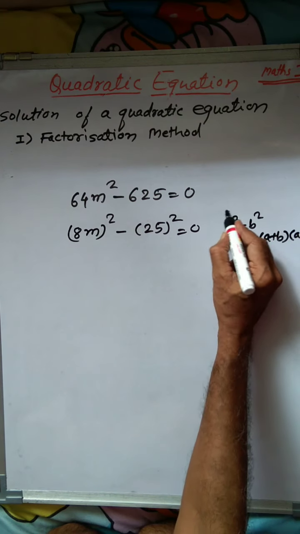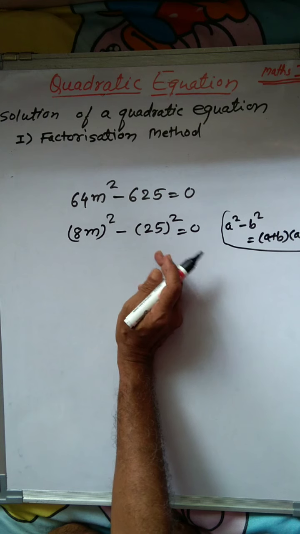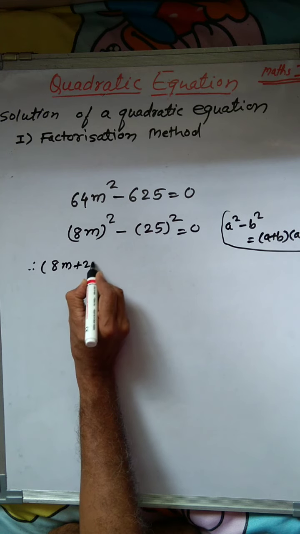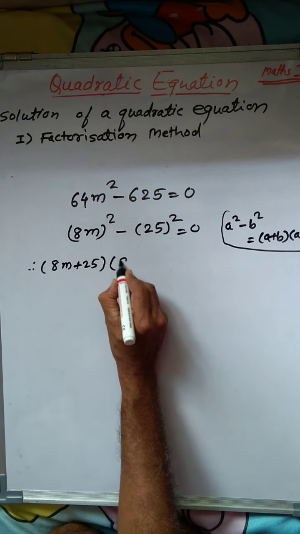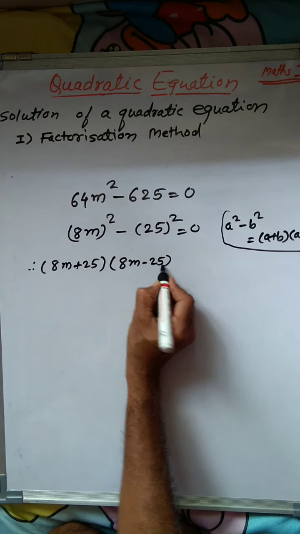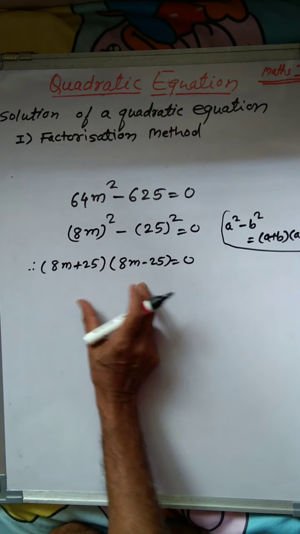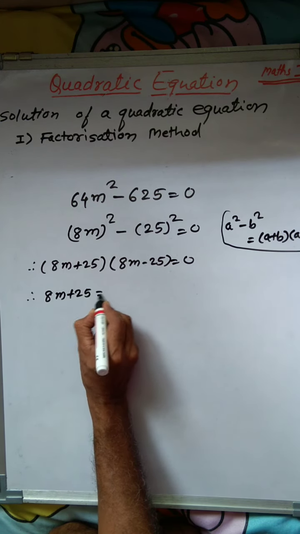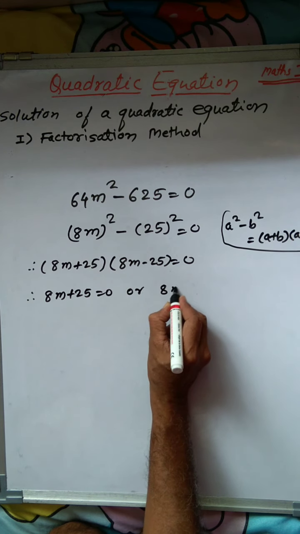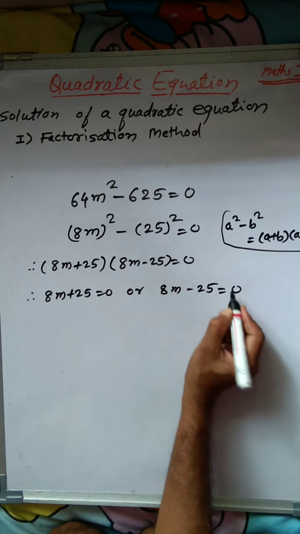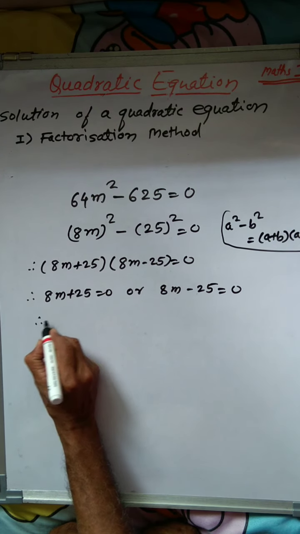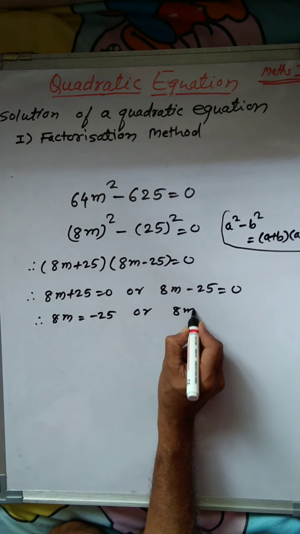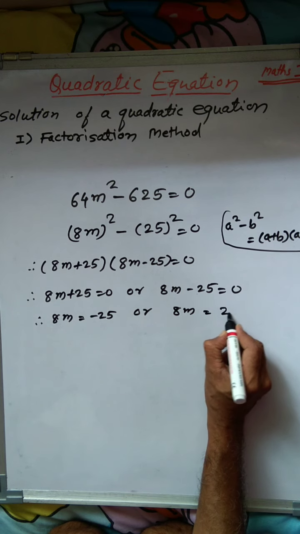Now using this formula, (8m) square minus (25) square is equal to, in the first bracket 8m plus 25, into the second bracket 8m minus 25, is equal to 0. Now the product of these two terms is 0, therefore 8m plus 25 is equal to 0 or 8m minus 25 is equal to 0. Take 25 to the other side, 8m is equal to minus 25 or 8m is equal to plus 25.